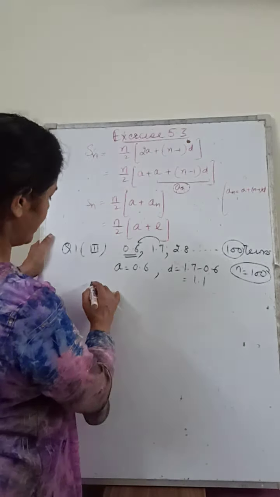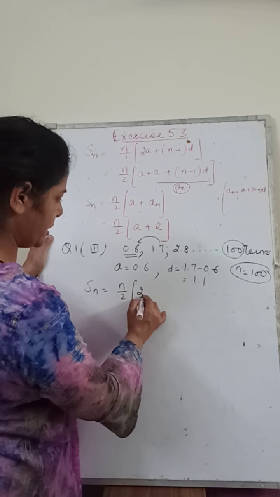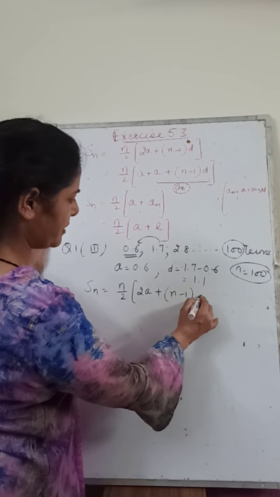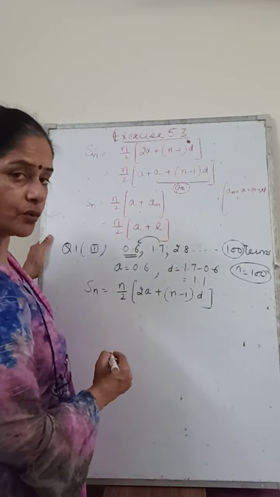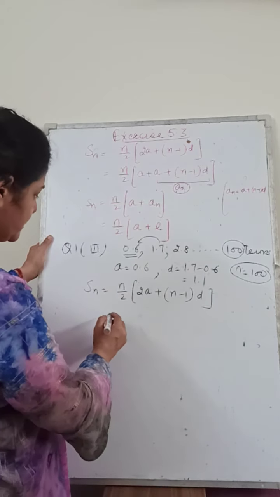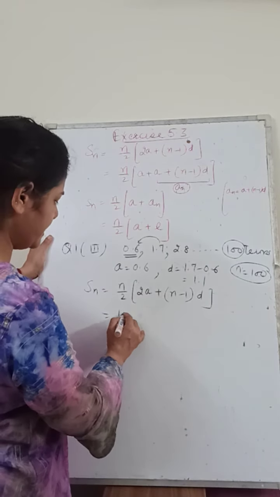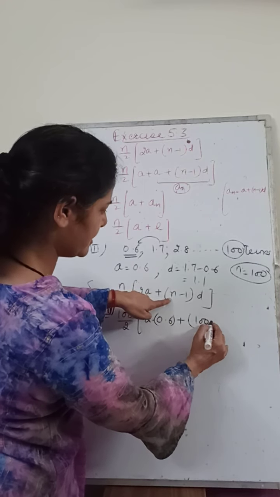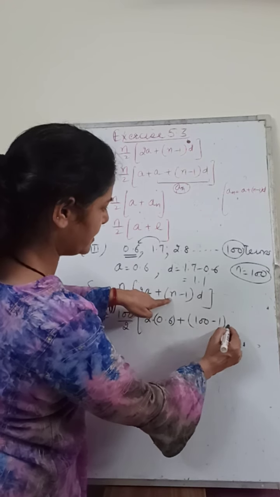Sn formula is n by 2 into 2a plus n minus 1 into d. N is 100 upon 2, into, in place of a you will write 0.6, 2 times that, plus n is again 100 minus 1 and d is 1.1.